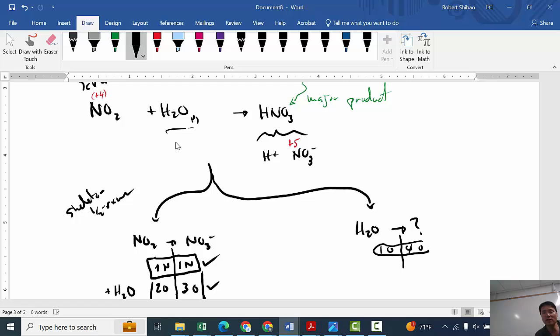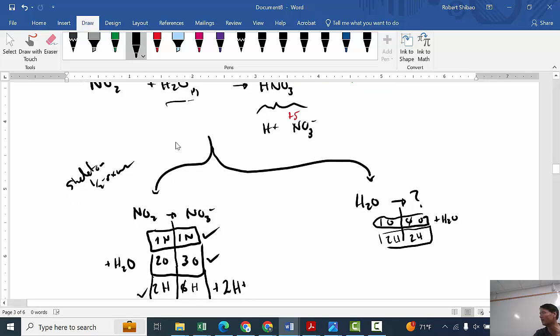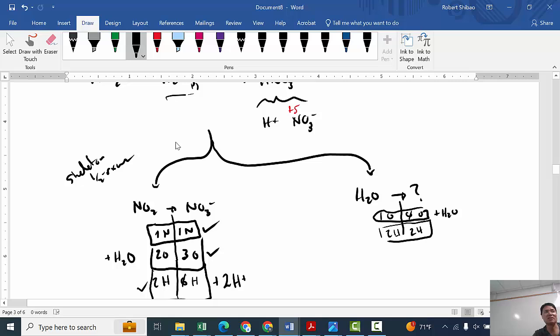So we have one oxygen on the left and no oxygens on the right. So we add a H2O. Then we balance out the hydrogens. I have 2 hydrogens on the left and 2 hydrogens on the right. And then we balance out the charge. I have 0 charge on the left and 0 charge on the right. Does that look like a reaction to you? It's like H2O goes to H2O. So nothing changed. Nothing happened.